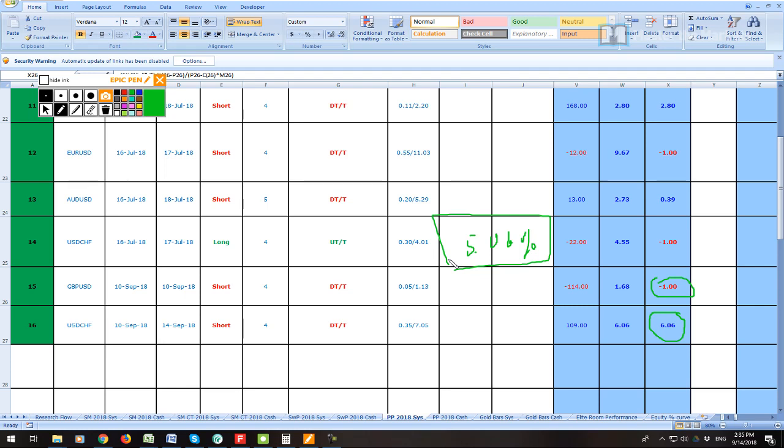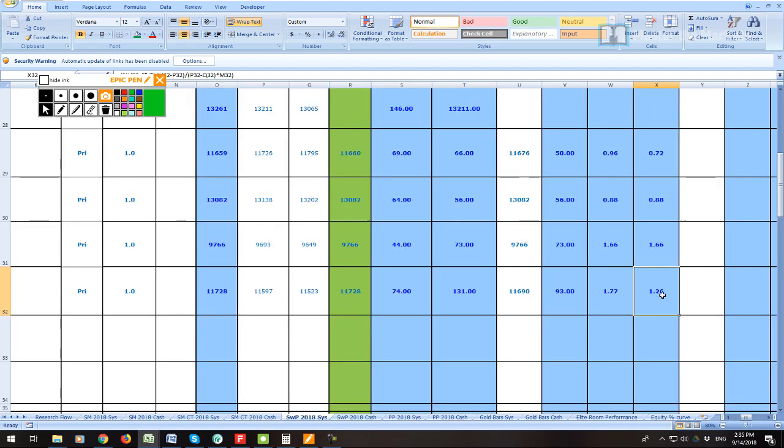Now, let's take a look at the LTR, the live trading room, on how it has performed. This is 5.06, but do remember that we also made some profits in our swing profits as well. Swing profits made 1.26.